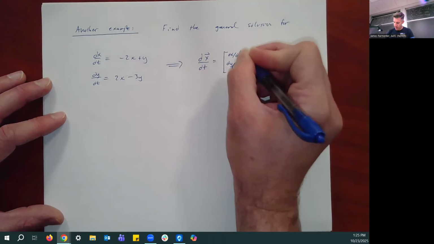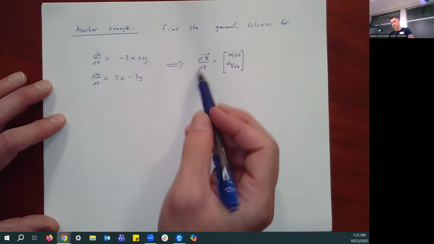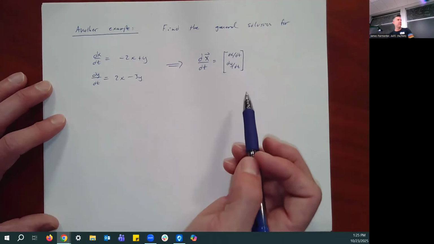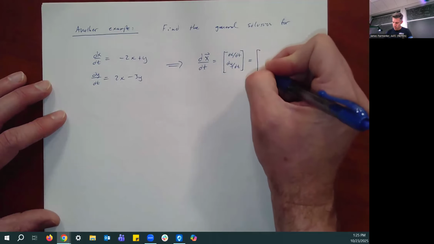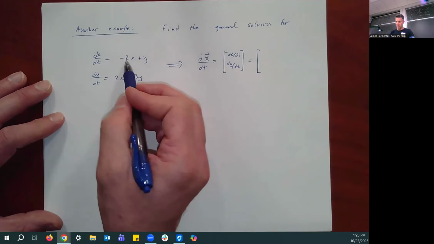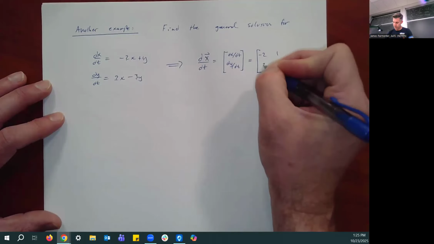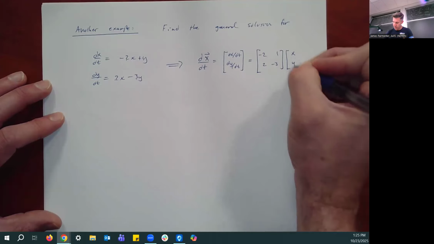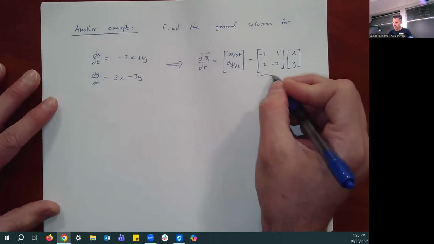By the way, this is one of the reasons we use x1 and x2, because it feels weird to say the vector is x where its components are x and y, but it's fine. That's equal to my coefficient matrix, -2, 1, 2, -3, multiplied by the variables vector xy. And there's our matrix A.